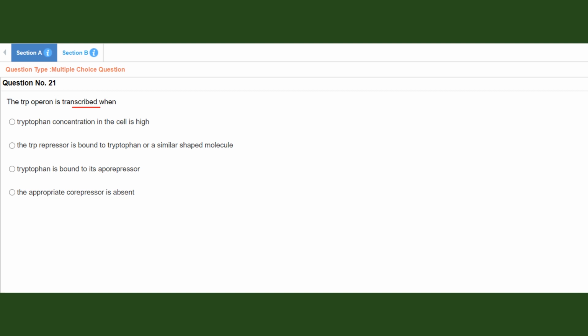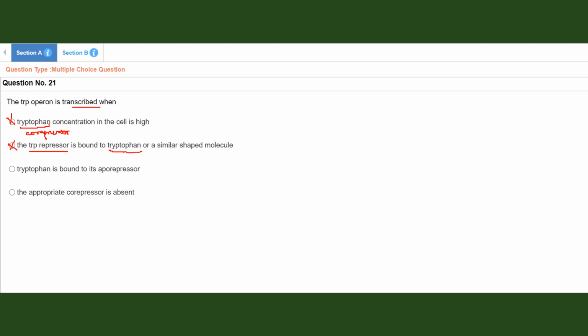Now, let me say that tryptophan is the corepressor and it's a negative regulator operon. So when tryptophan is high, it is definitely not going to be transcribed. So this won't be. The TRP repressor is bound to tryptophan. Again, if the repressor is bound to the co-repressor, then it will never be transcribed.